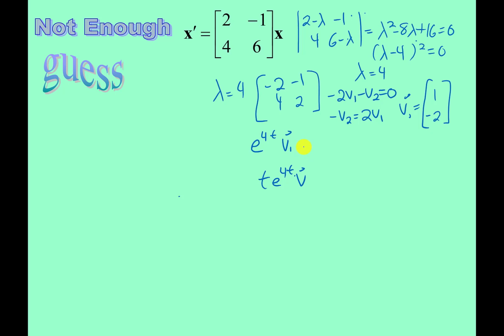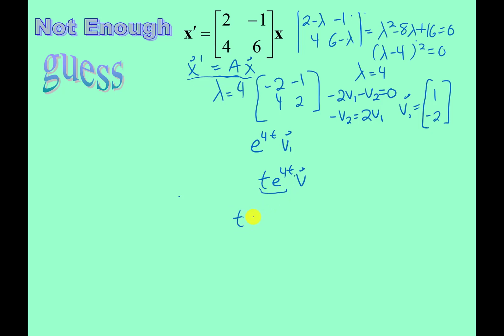So let's try that. Let's actually put that in and see what happens. We need this to solve, and I'm just going to write this as our x prime. I'm just going to call that A for just checking it out. All right, so let's sub it in here and see if it works. So I need its derivative. This is a product.